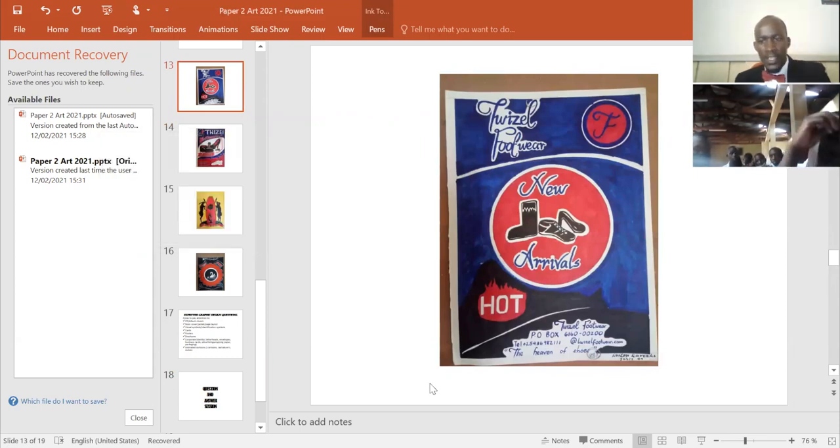Okay. Another one has just popped in. They're asking the differences between mosaic and collage. The difference between mosaic and collage. When you're talking about the difference, we look at the characteristics of both mosaic and collage.